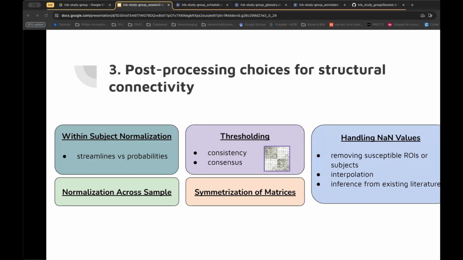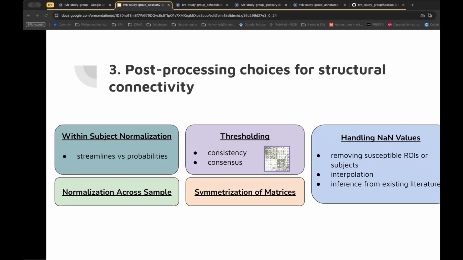At least for our workflow, when we perform tractography, there are these two concepts of streamlines and probabilities. When you seed region A with 1,000 streamlines, and you want to see how many of them end up in region B, streamlines is the count of the number of streamlines that make it to region B. So if 500 of them make it to region B, then your raw count for that connection would be 500.